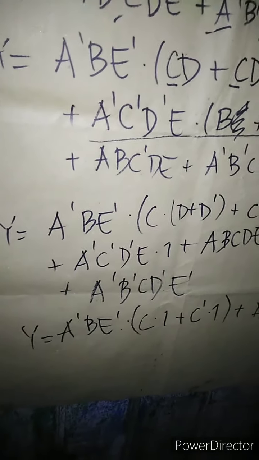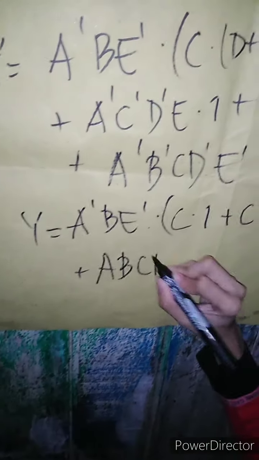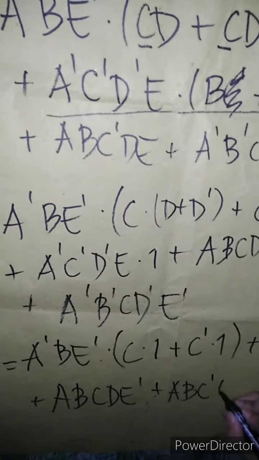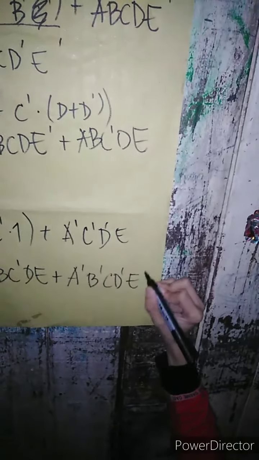A prime, C prime, D prime, E, or A, B, C, D, E prime, or A, B, C prime, D, E, or A prime, B prime, C, D prime, E prime.